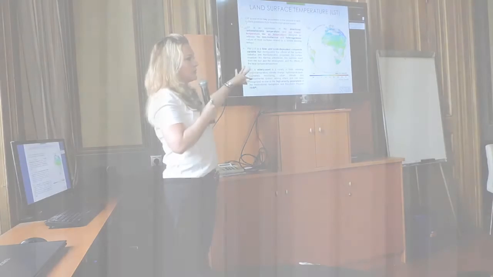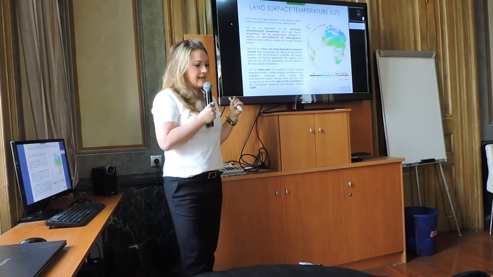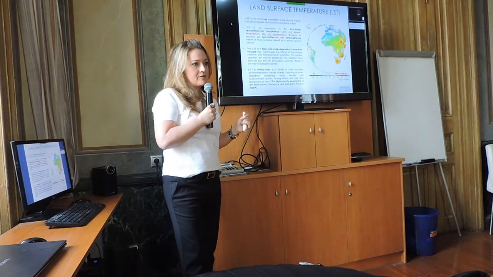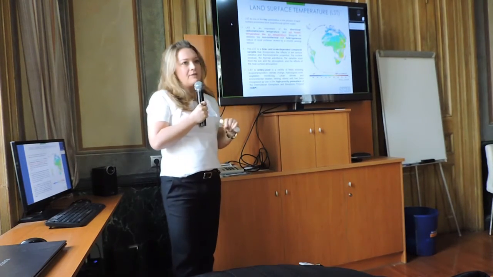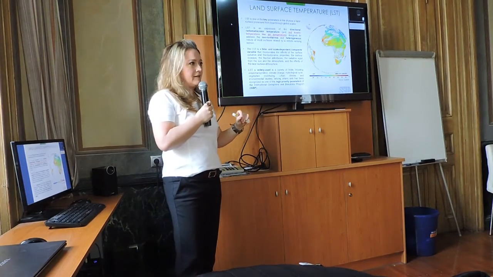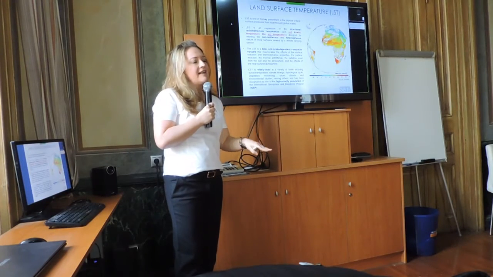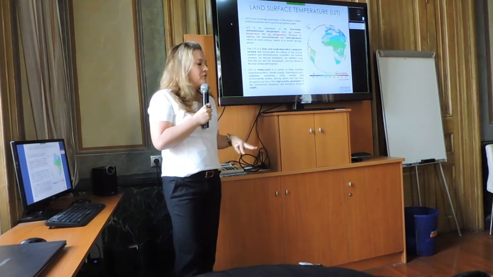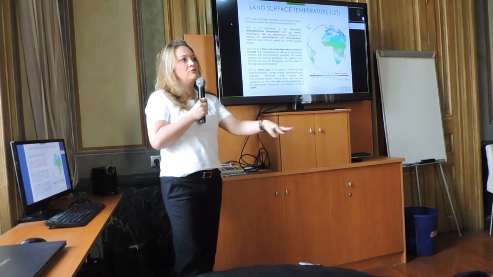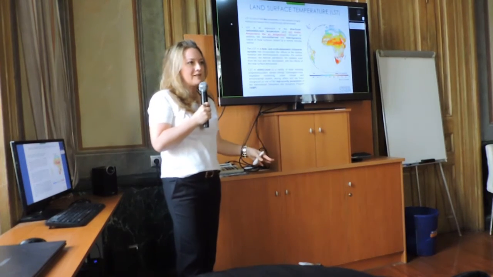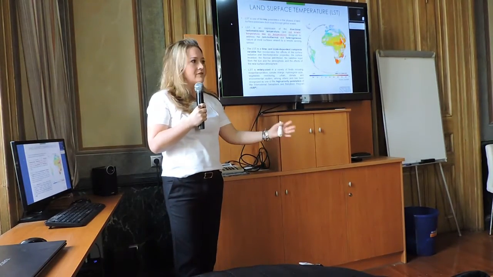Another example, I just wanted to say this before I move to the next slide: when we talk about land surface temperature and air temperature, I want you to recall in the summer, when you walk barefooted, then this is the land surface temperature. So if you walk on the asphalt and it's really very hot, and then you see some grass and you jump because your feet are burning, the air temperature is the same. The land surface temperature is completely different.